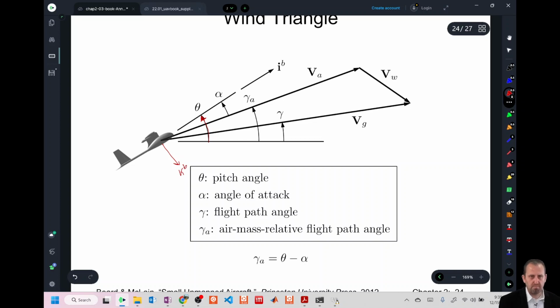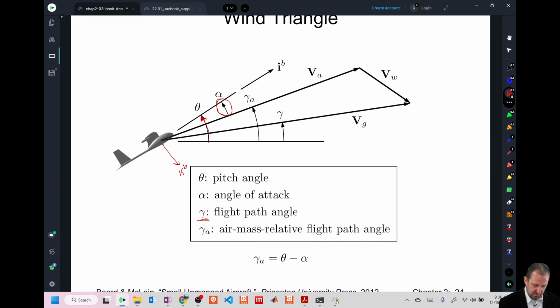So if we look at that plane, project everything down onto that plane, then we can define things really well. So we have our pitch angle, which will actually be coming out of the nose of the aircraft. We have our angle of attack right here, which is going from our relative wind vector up to that angle that comes out of the nose of our aircraft. Then we have our flight path angle.